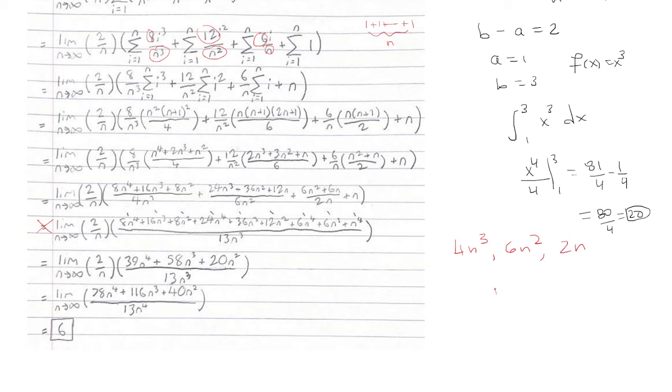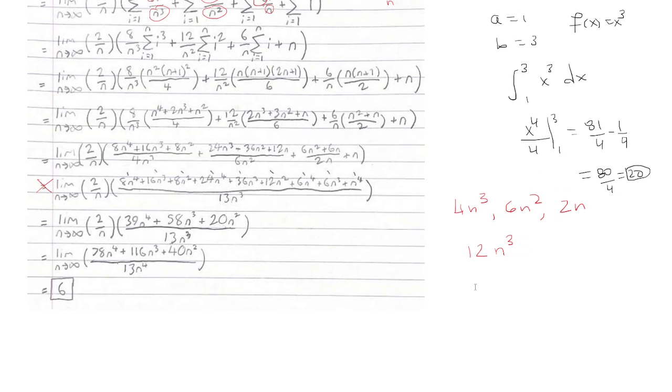For the n's, we know it's going to be n cubed. Now the least common multiple of 4, 6, and 2 is 12. So I want to rewrite this with a denominator of 12 n cubed. I'm also going to do the last one, the n, as well.